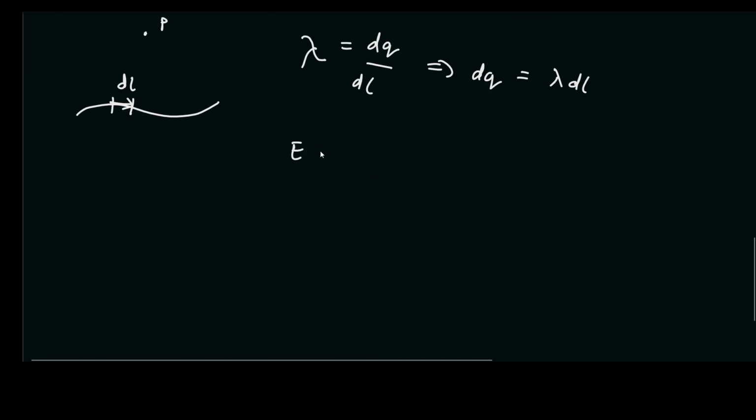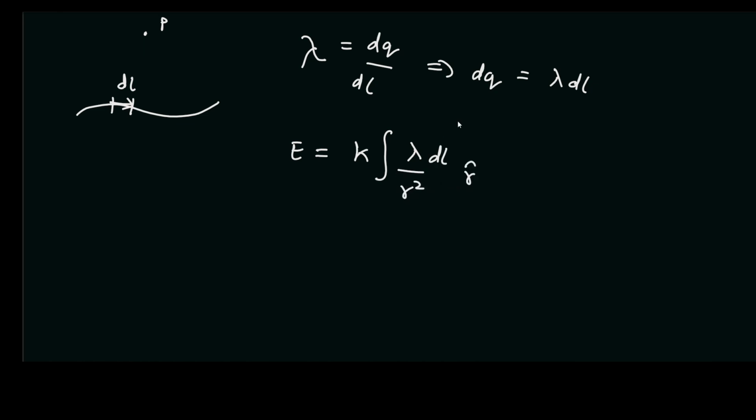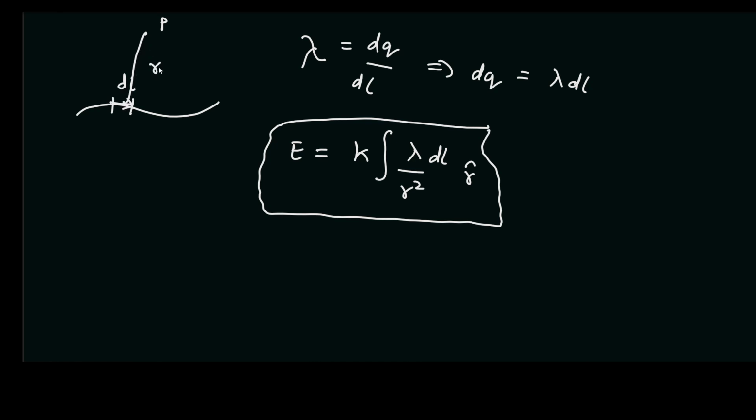Then we will get the electric field due to a continuous line source of charge as k line integral of lambda dl over r square r cap. Here r is the distance between the source charge dq and the point P. It will be a vector equation.